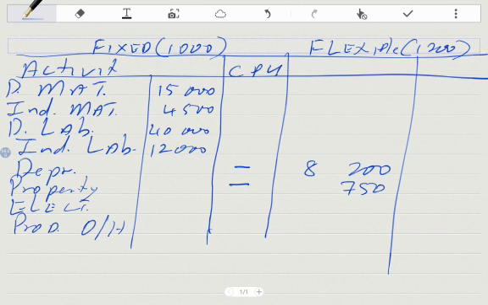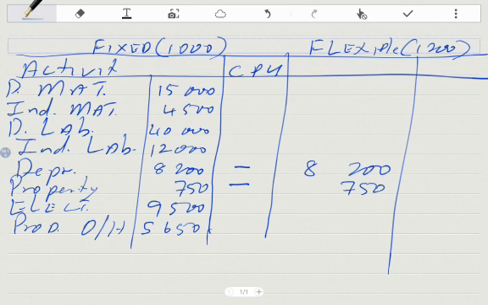Depreciation is 8,200, not 500, the same 8,200 we've taken to the flexible budget. 750, electricity 9,500, and your production overheads, which is 5,650.